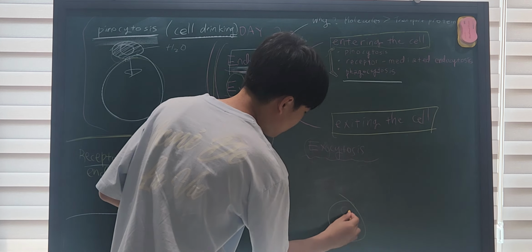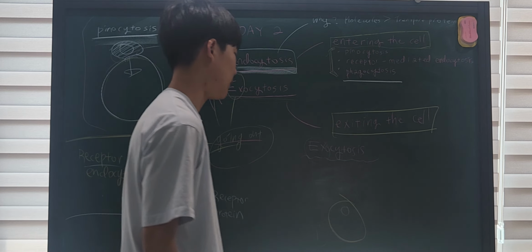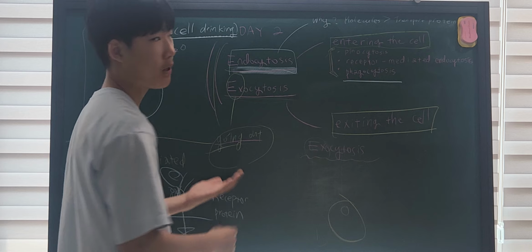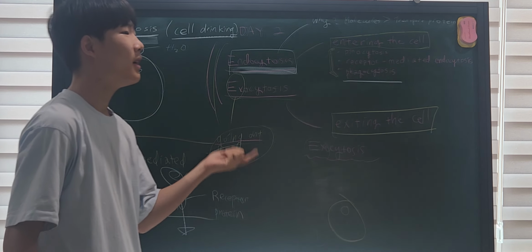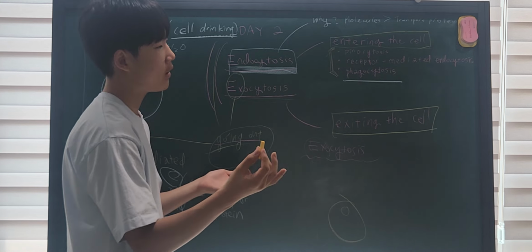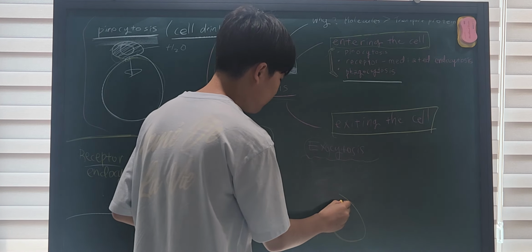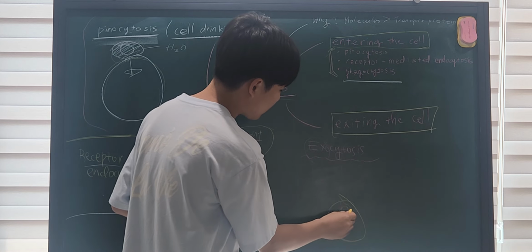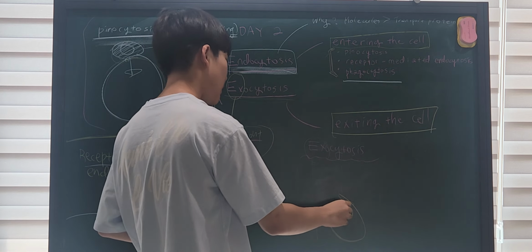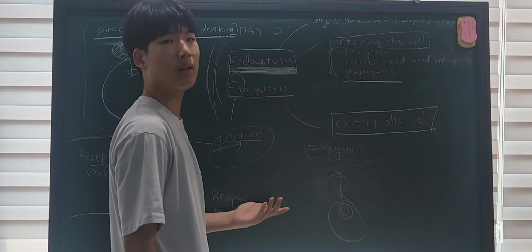Let's say there's a molecule in the cell that needs to be out of the cell. It's just like phagocytosis. I just erased it, but the direction is the opposite. However, the method is the same. The cell forms a vesicle that surrounds the molecule that needs to be out, and it just sends it away. That's it. Really, that's it.